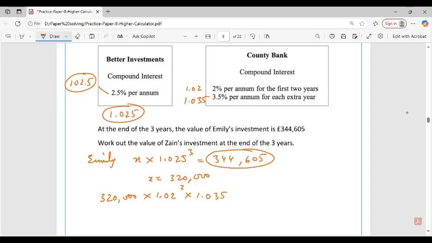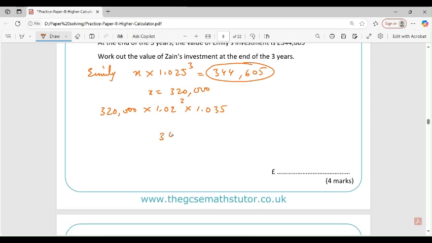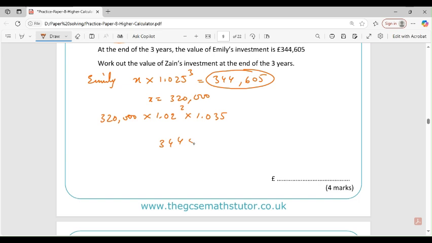So this is going to give us the accurate answer of 344,580.48. So this is going to be the answer for our question.